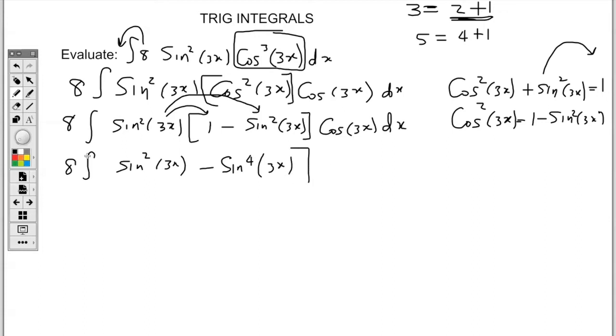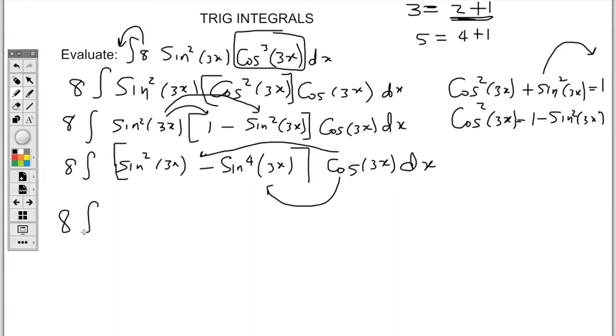Now, don't forget the cos 3x. So it means I need to multiply all of this that I've just multiplied, because I multiply sine square 3x times this bracket. But on the other side, I have cos 3x that can be multiplied here. So I also have cos 3x to be multiplied. So cos 3x times sine square 3x, then cos 3x times minus sine to the 4th 3x.